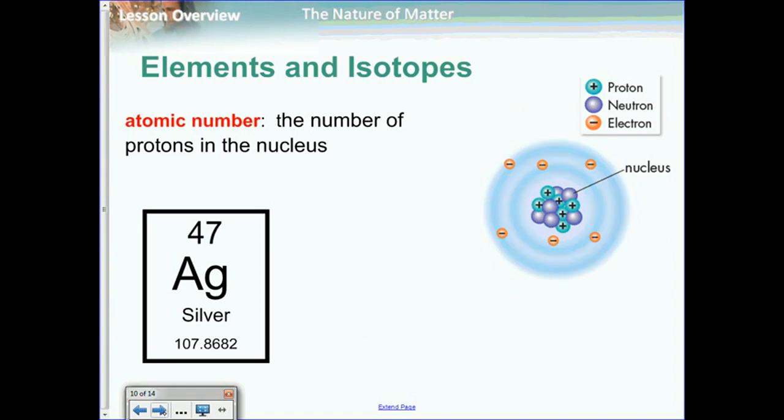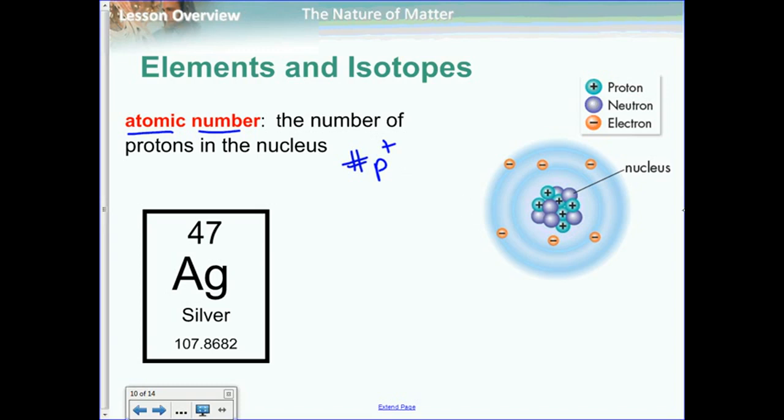There are important numbers that we need to be aware of and be able to talk about when we're talking about atoms and elements. And the first one is the atomic number. The atomic number tells us the number of positive protons in the nucleus.